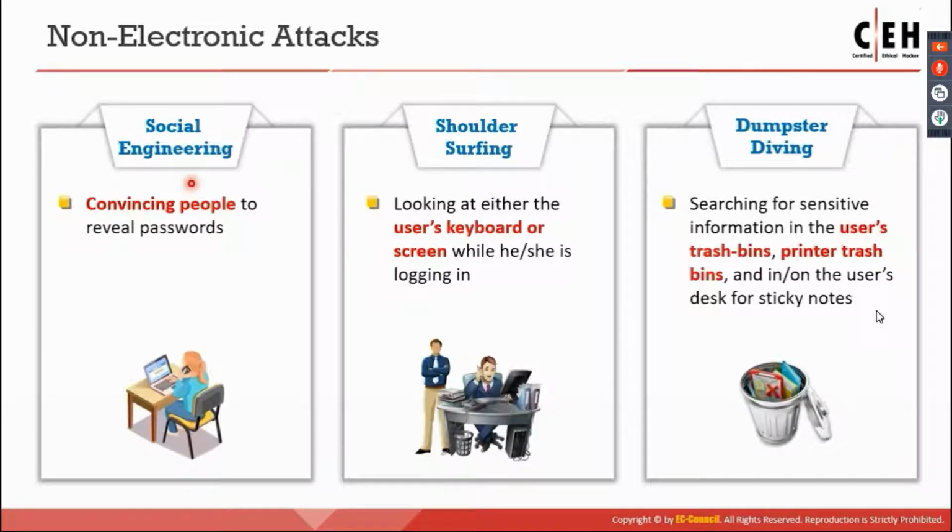There are other types of non-electronic attacks. For instance, shoulder surfing. Shoulder surfing is when you just look at it. So looking at someone's keyboard or their screen, you could do this. Like there could be a building across the way, and you can get a telescope or binoculars and do it, right? Even from far away.